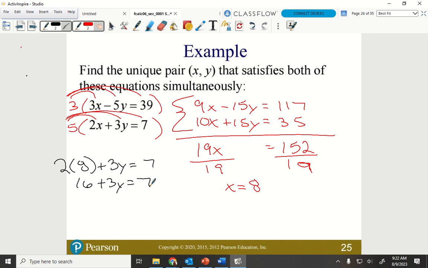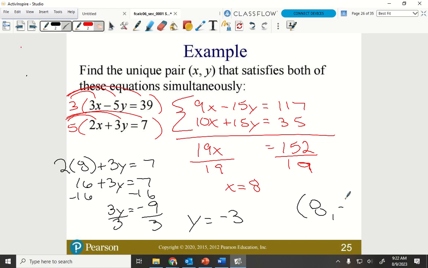Subtract 16 from both sides. 3y is negative 9. Divide by 3. y is negative 3. So my ordered pair is 8 and negative 3. Das gut.